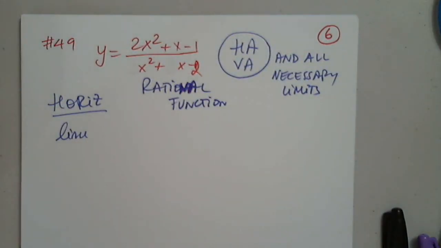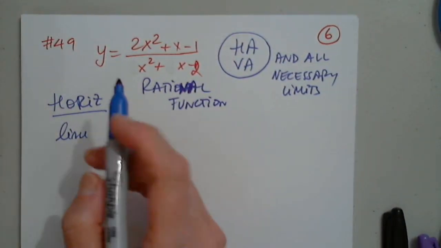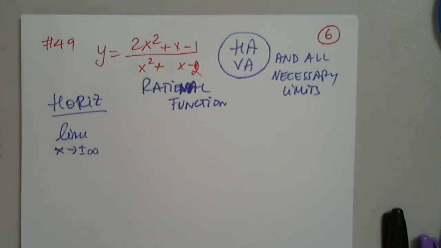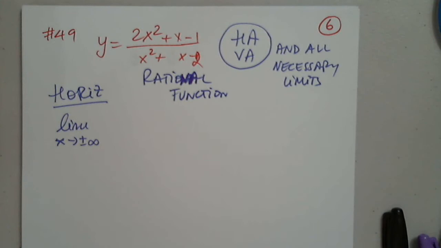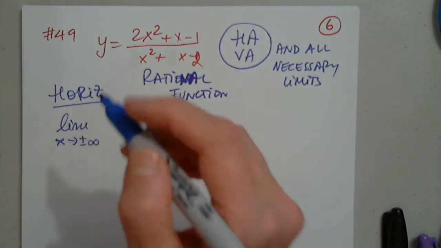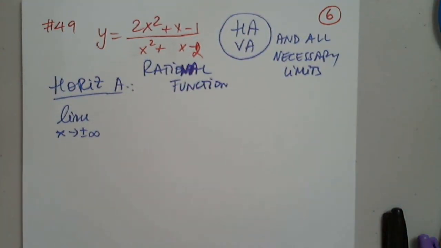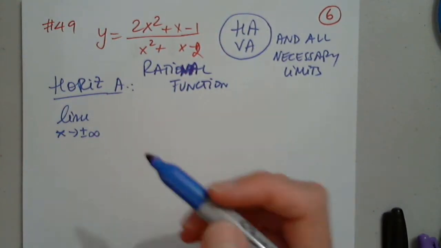There is no need to find the limit as x approaches positive and negative infinity. One is good enough. One or the other, it doesn't matter. You will have the same horizontal asymptote at both sides. So just one or the other, not both.